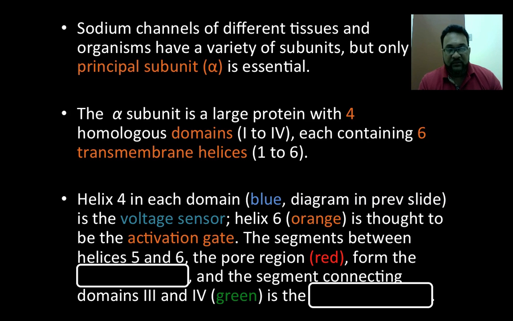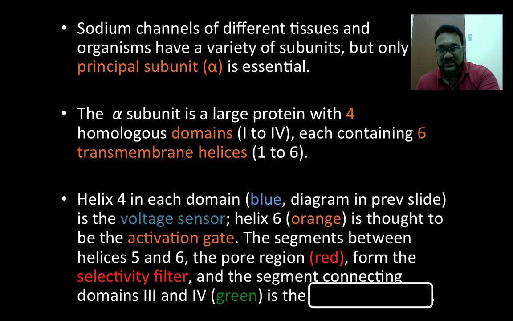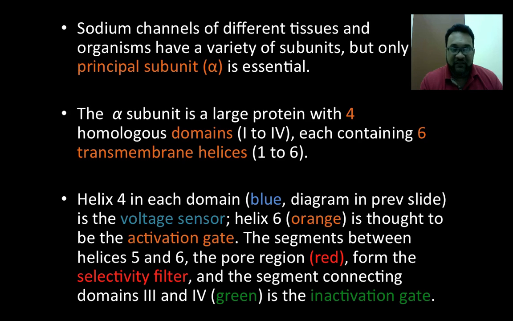The segments between helices 5 and 6, the pore region, form the selectivity filter. So guys, we just have one more to go. And I know you all are smart enough to realize that just by elimination, you should already know the answer. Alright? So the segment connecting domains 3 and 4 is the inactivation gate. Excellent. So let's move ahead.